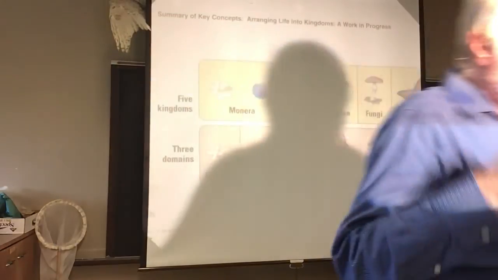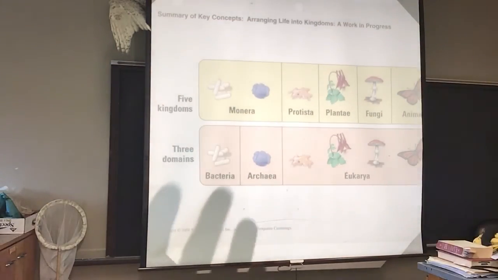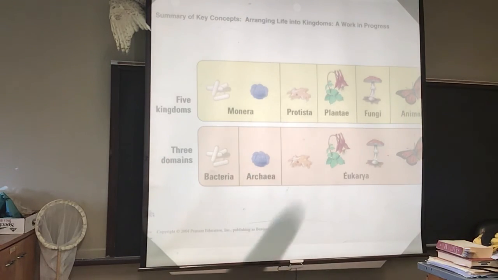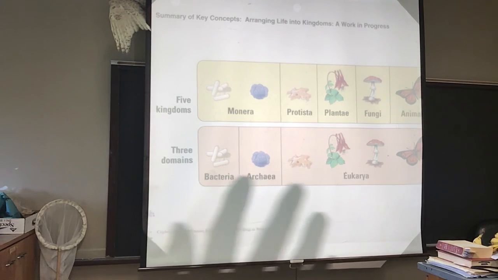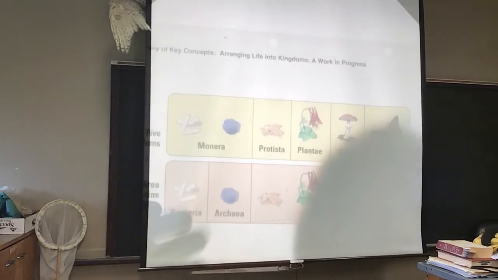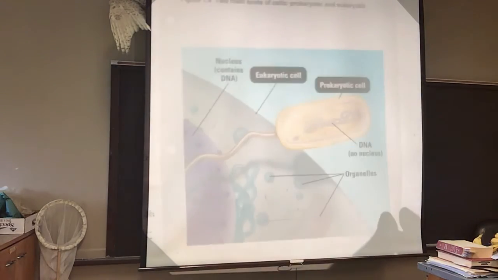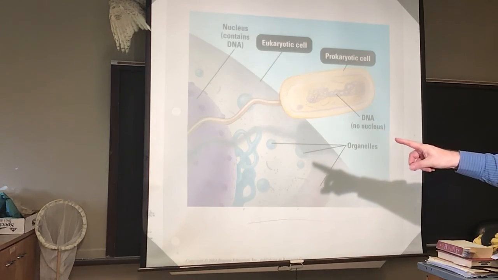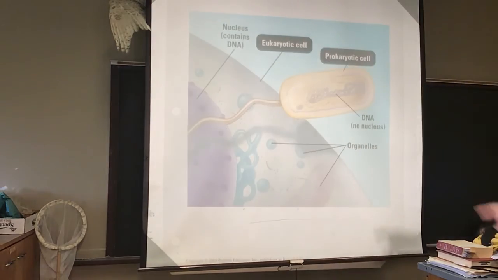One of the first things I need to deal with is that these are a totally different type of cell than all of these. These are what are called prokaryotes. These are what are called eukaryotes. Prokaryotic cells, commonly called bacteria, are little compared to eukaryotic cells. This is just a part of a eukaryotic cell.